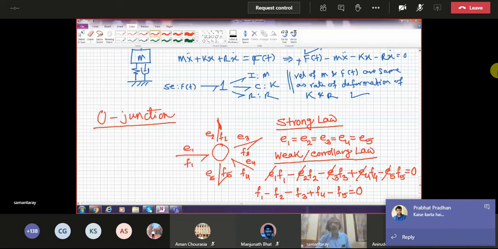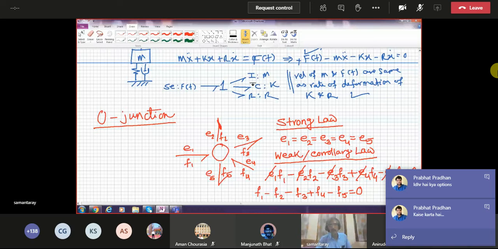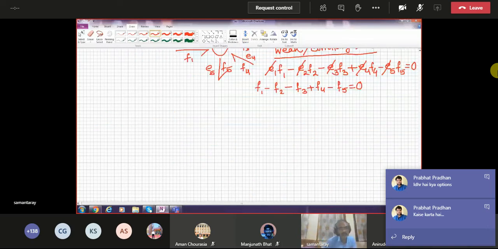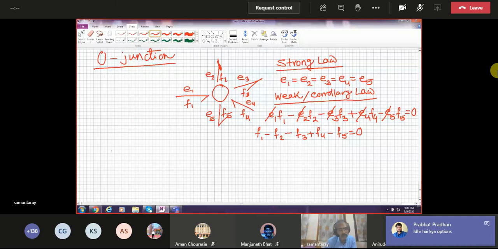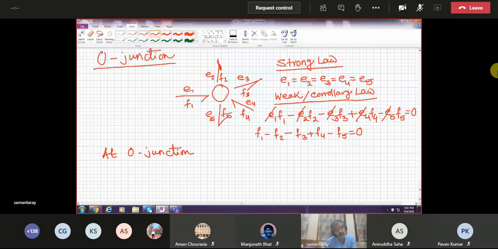So what do we know from this? We can make a very interesting observation that at zero junction, efforts are equal and the sum of flows is 0.